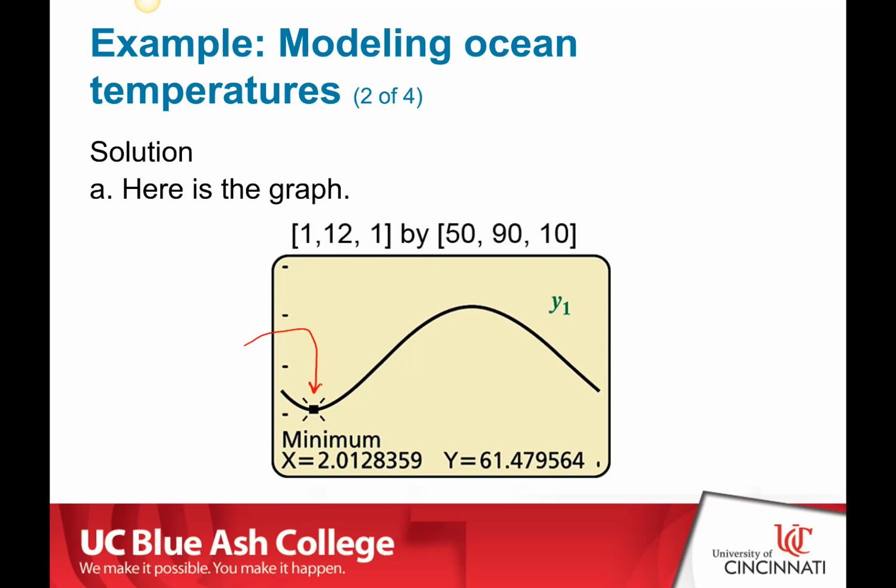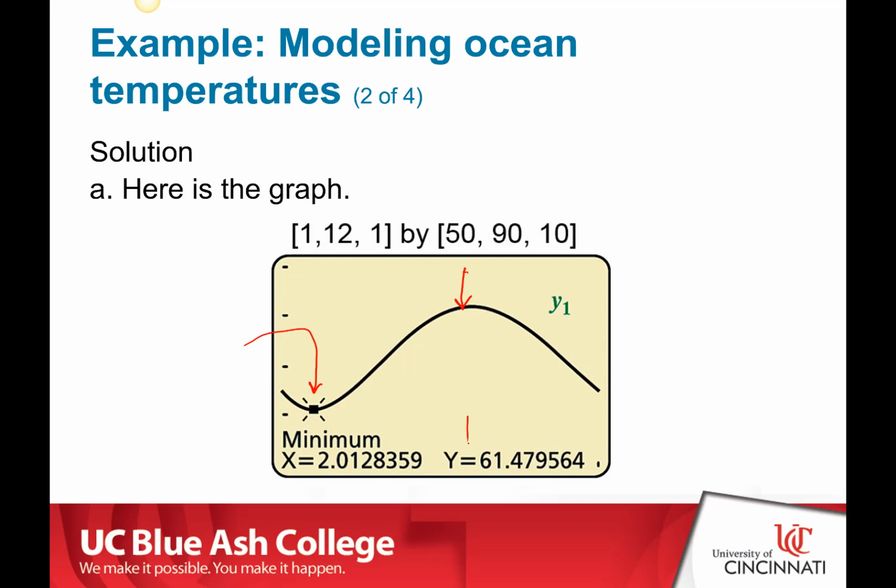That's as cold as it gets. If we were to go over to here, right along in there is the maximum, isn't it? Okay. If this is 2, what's this going to be about? A little over halfway, isn't it? So that might be around 7, around 8, something like that.